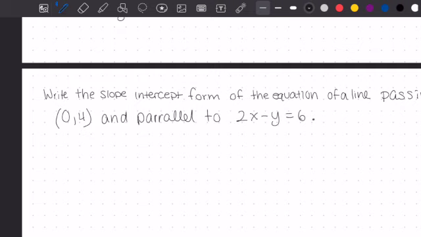What's the first thing? When I hear parallel, what do I need to look for in my two lines? What do they have that's the same? Okay, so parallel lines have the same slope, but different y-intercepts.